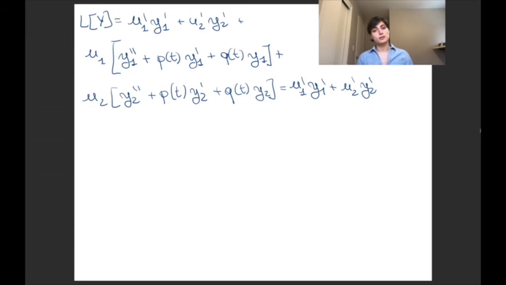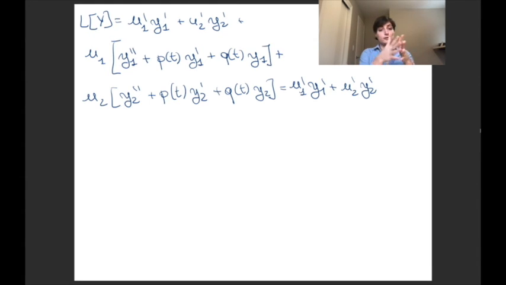And we change things around in order to have the coefficients of u1 all together and the coefficients of u2 all together. And you might notice that these coefficients are exactly our homogeneous ODE.